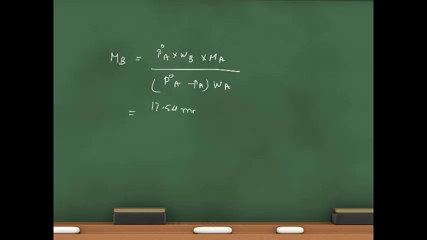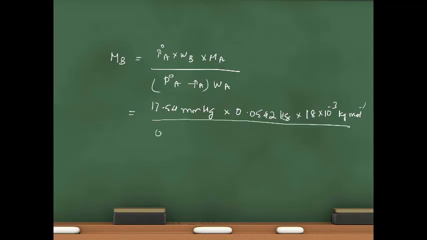Now substitute all these in the formula. Mb is equal to P naught A into Wb into Ma divided by (P naught A minus Pa) into Wa, which is equal to 17.54 millimeter mercury into 0.0542 kilograms into 18 into 10 raised to minus 3 kilograms per mole divided by 0.186 millimeter mercury into 0.5 kilograms.